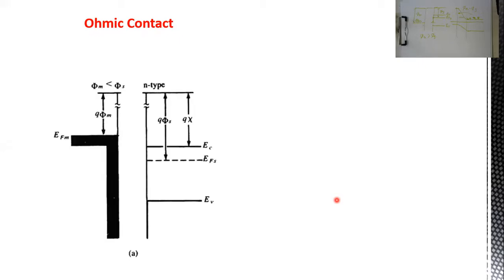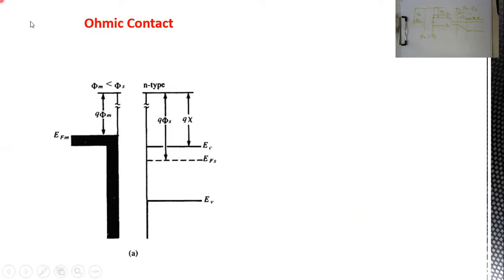Now, let's turn to other examples. We have already investigated two cases. The first case, phi m was greater than phi s and the material is n-type. The second case, phi s was greater than phi m and the material was p-type. But what about this condition?